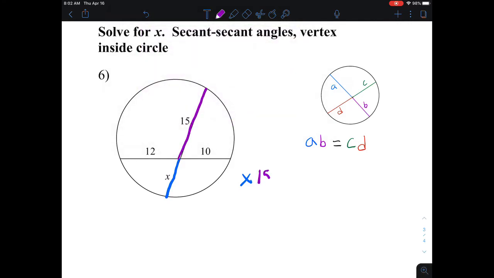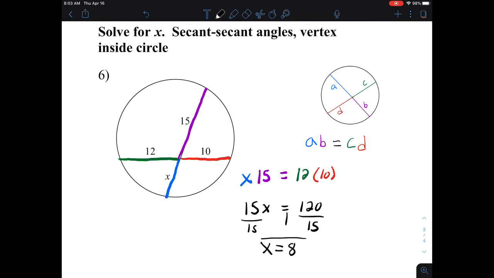It's going to equal the product of the individual segments of the other secant line, so 12 times 10. Then I would work to solve from there. Let me clean that up a little bit. That'd be 15x is equal to 120, and then we would divide by 15. 120 divided by 15 is going to give me 8.